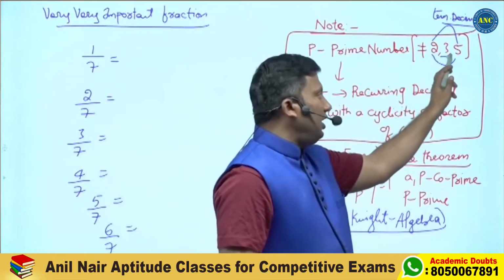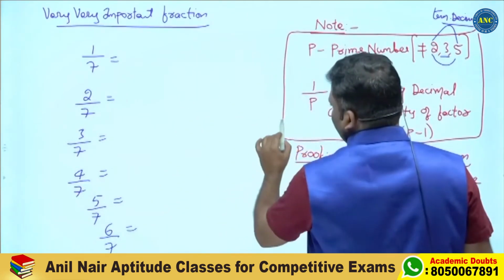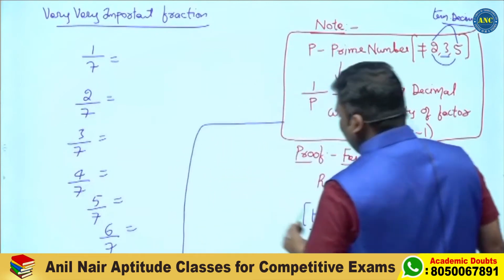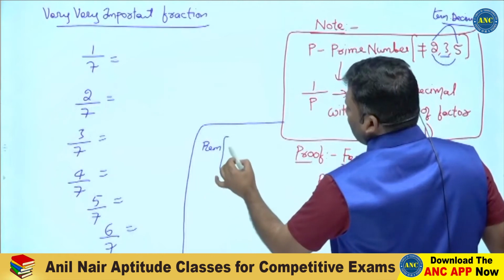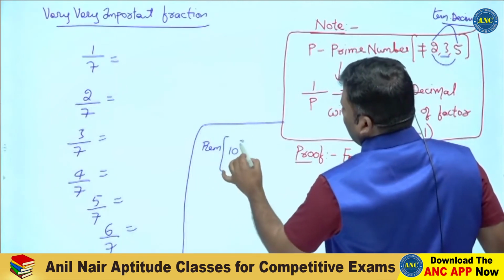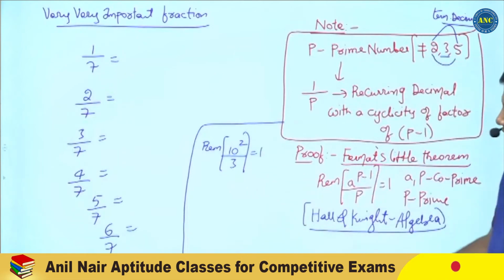If it is 3, I will tell you for 3 also, because I want my students to have crystal clear clarity, sir. 10 square divided by 3 is equivalent to 1. Am I right?